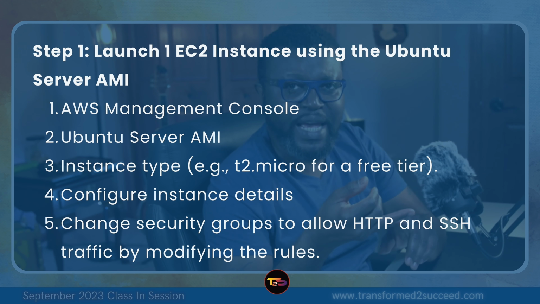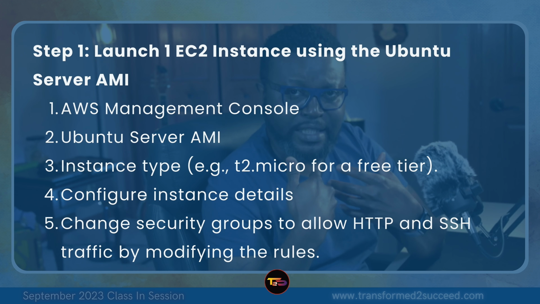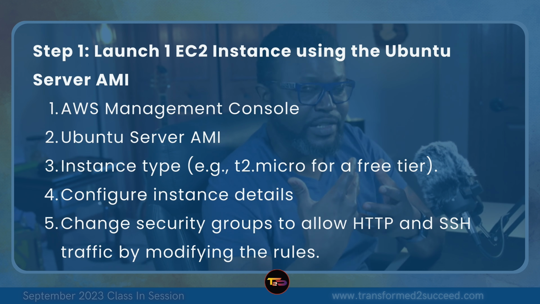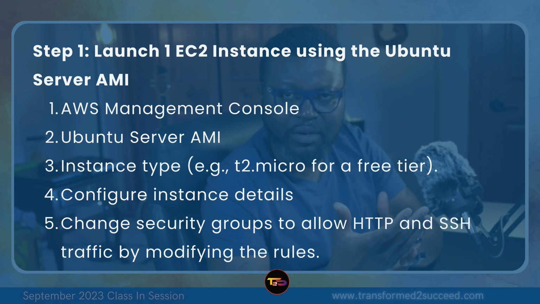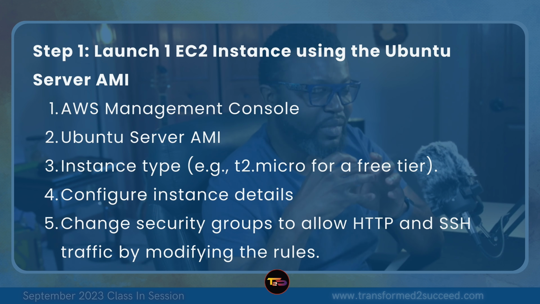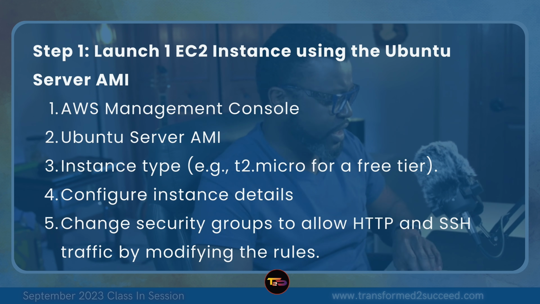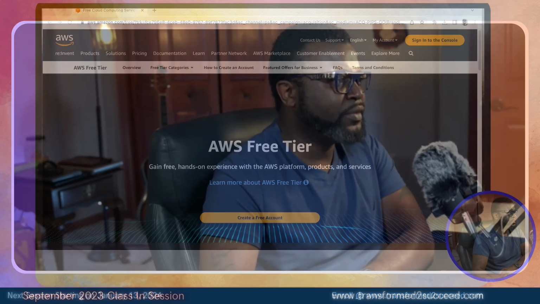And then we will need SSH for us as Linux engineers to access our instance and maintain our server. So that's what we'll be doing in this first step, meaning that I'm gonna take you to the console.